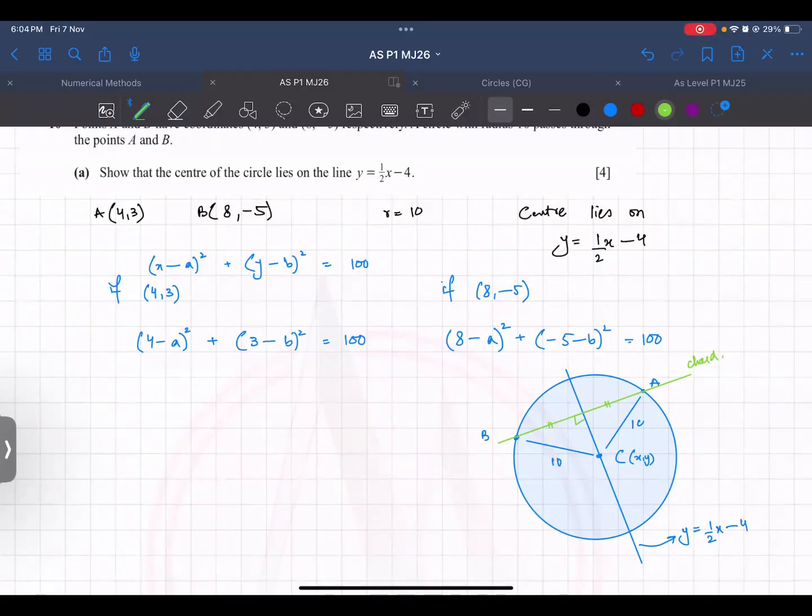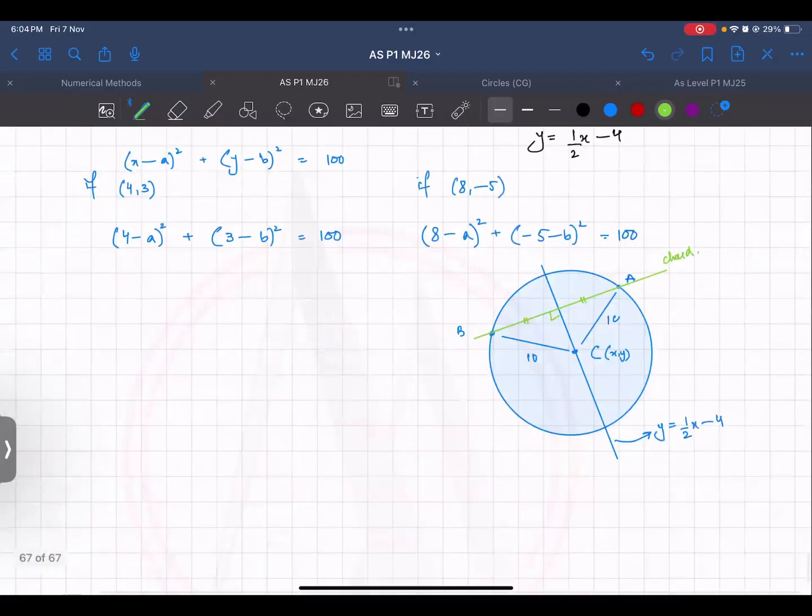Do we really know this? No, we don't know this. Let's see. What is the gradient between these two points, AB?